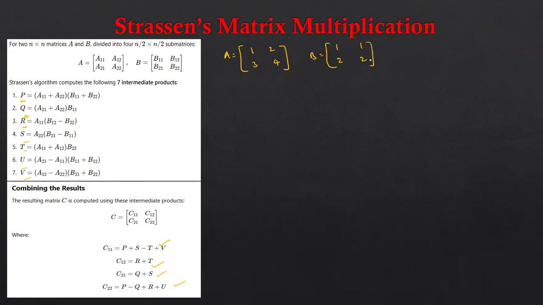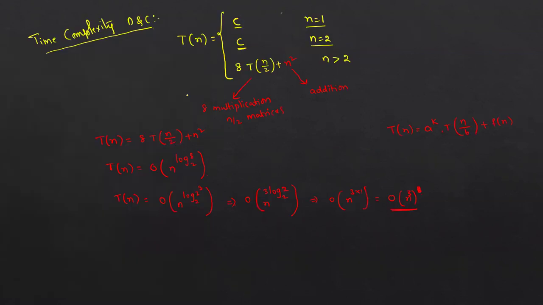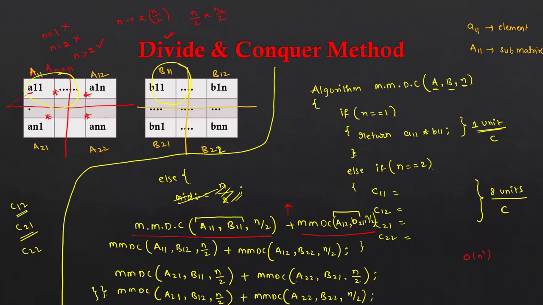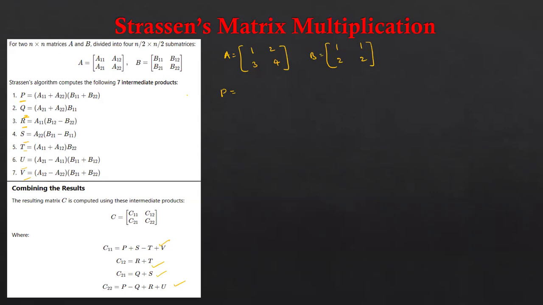Now I am going to compute these values. What is P value? P equals capital A11. While I am teaching this division method, I said this capital A11 is nothing but a sub array.